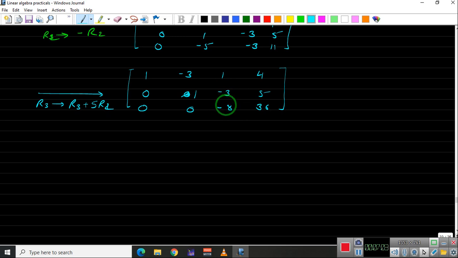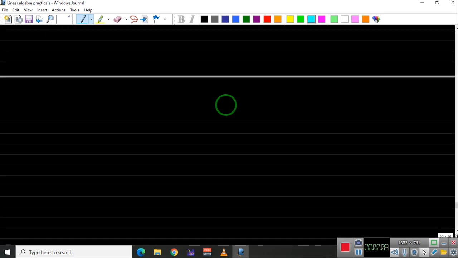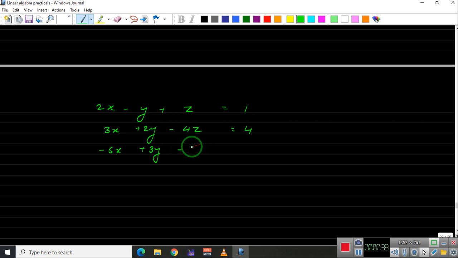Okay, let's take another system where we have no solution. Let me write the system first. 2x minus y plus z equals 1, 3x plus 2y minus 4z equals 4, and minus 6x plus 3y minus 3z equals 2.